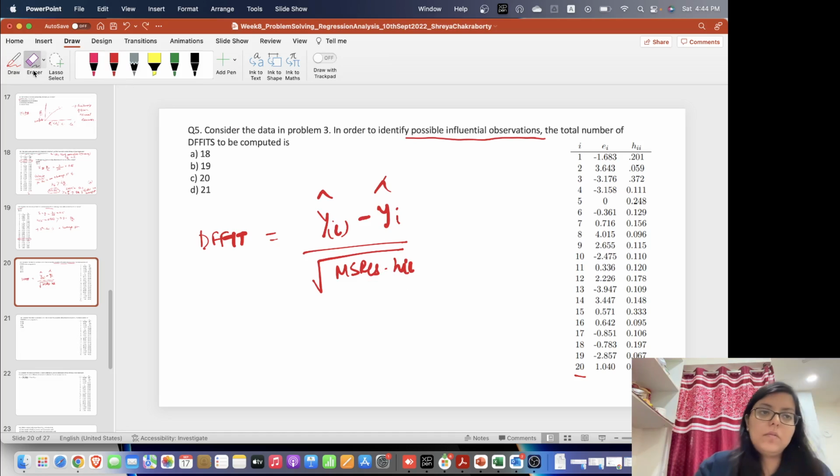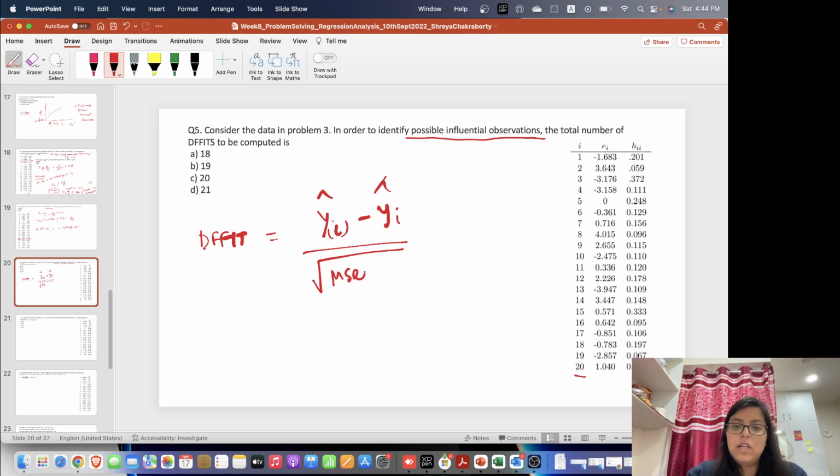Please pardon me, I'll just write it afresh. It was ms residual leaving out the ith observation into hii. So we had to calculate the DF fit for each ith observation: DF fit for this one, DF fit for this one, and similarly DF fit for this one. So here the total number of DF fits to be computed is 20. Okay.